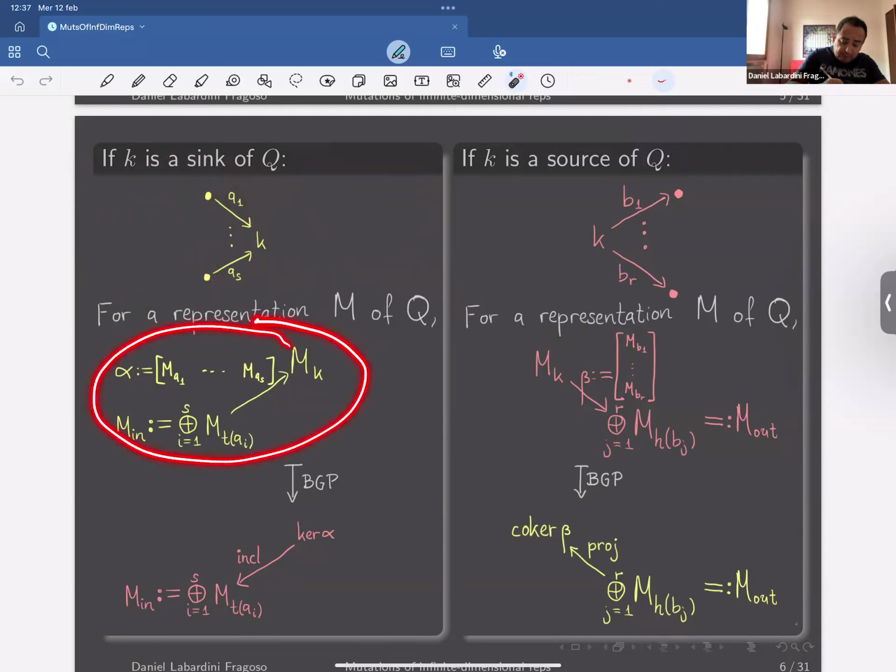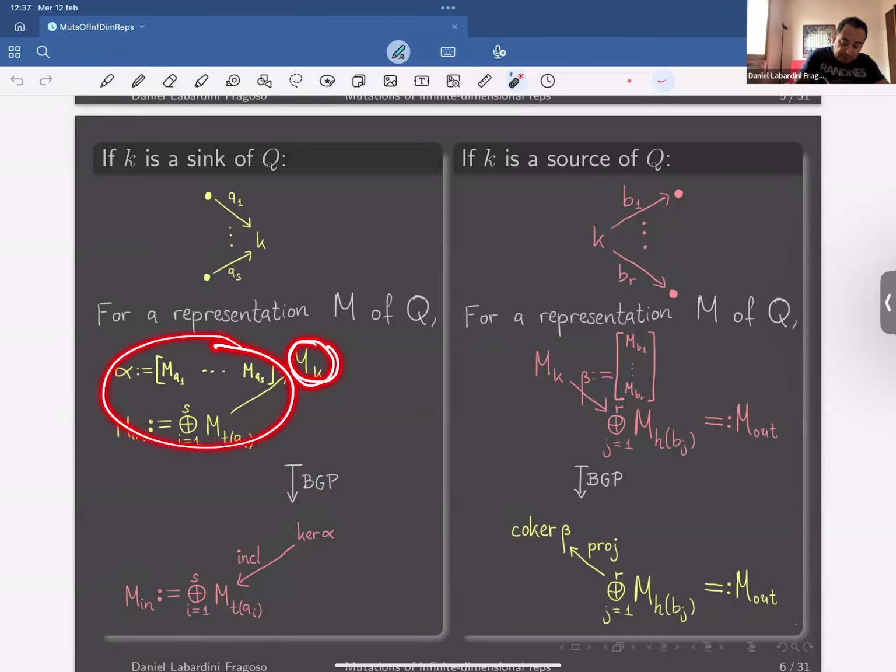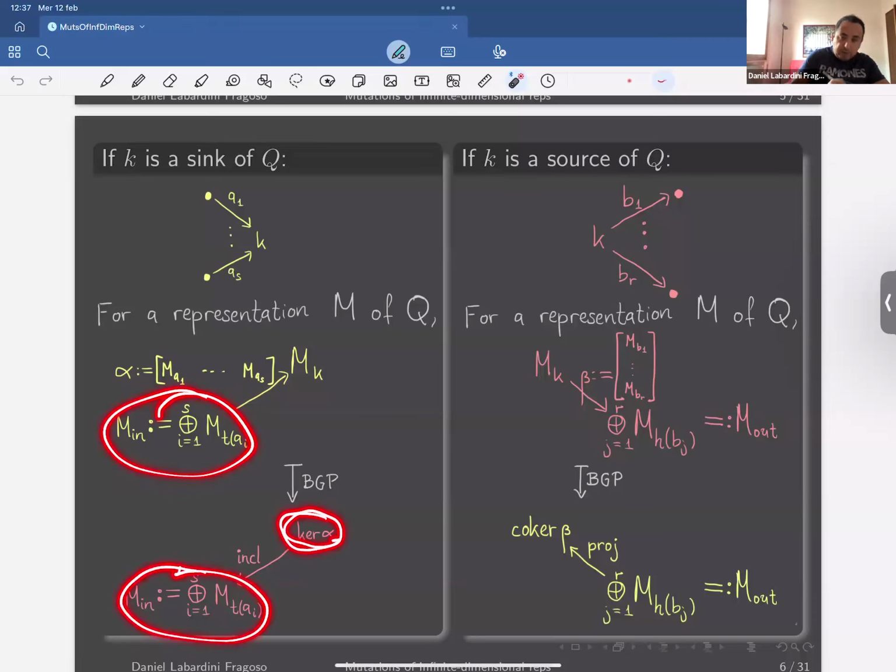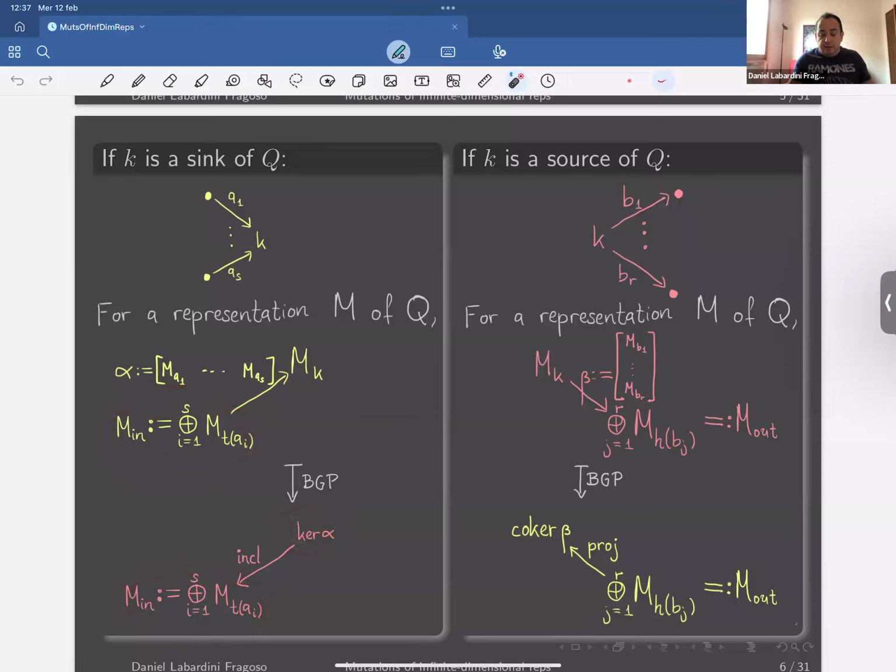One assembles them, and what Bernstein-Gelfand-Ponomarev do is replace M_k with the kernel of this map, and then reverse the direction by simply including such kernel into that direct sum, and that's it.